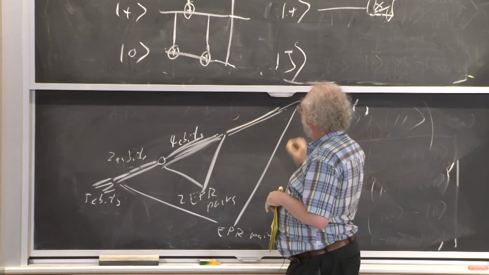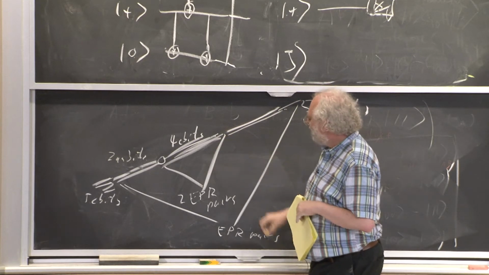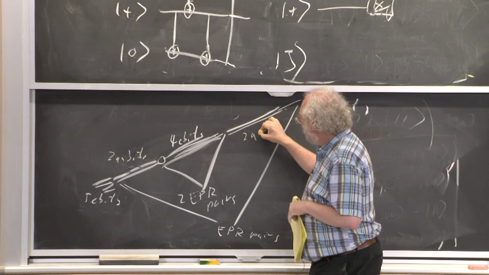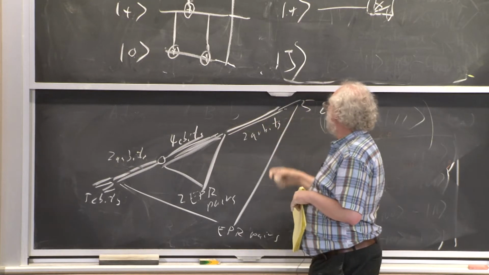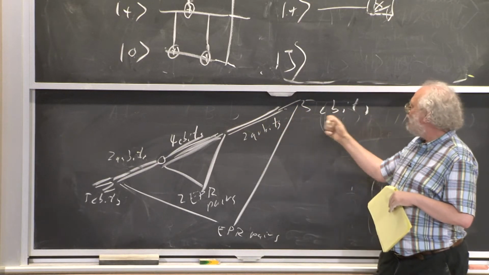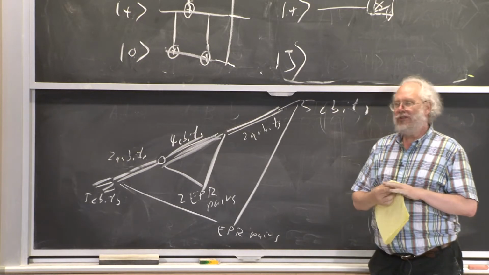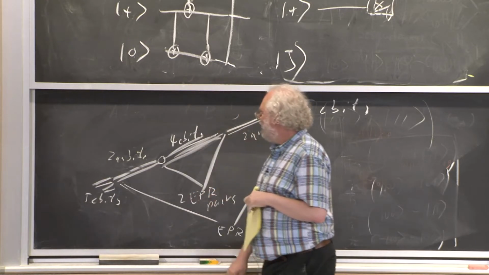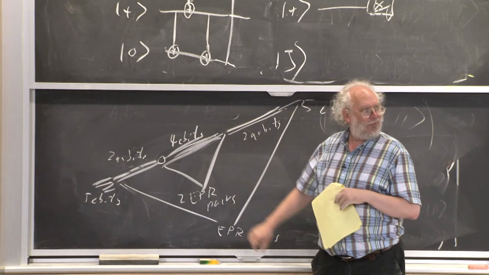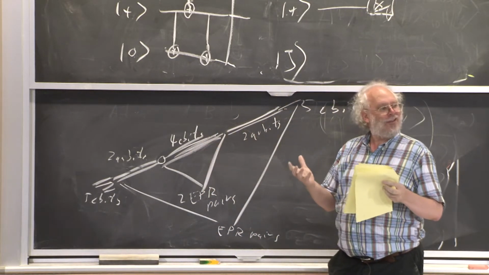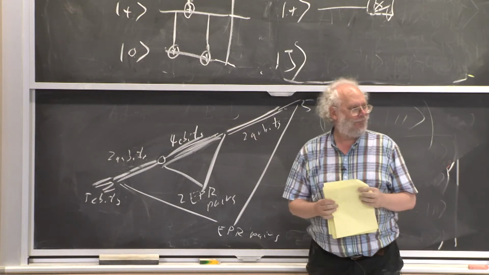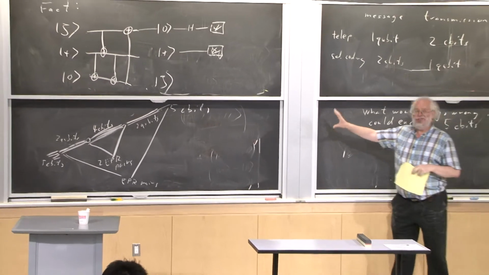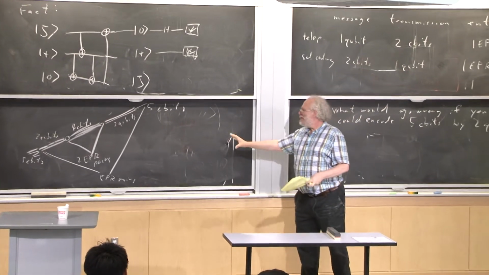And now, Bob gets these 4 classical bits. He turns them back into 2 qubits. And then he takes these 2 qubits and turns them back into 5 classical bits. So now you see that we've taken 5 classical bits and sent them using 4 classical bits. And you think there has to be something wrong there. And indeed, there is. If you could do this, you could communicate faster than light.